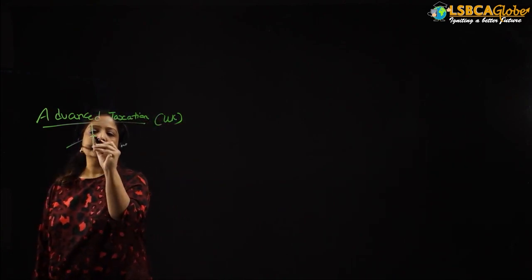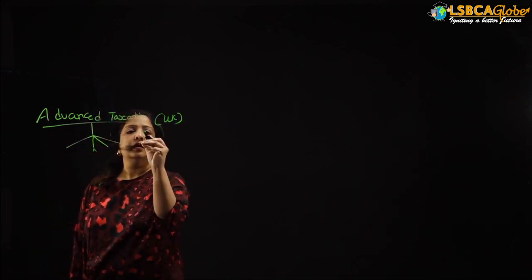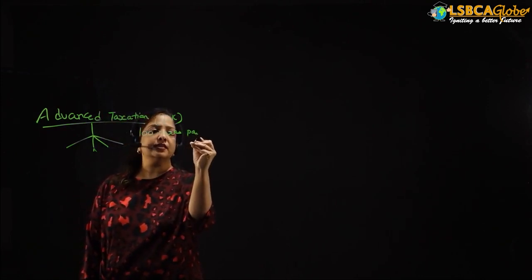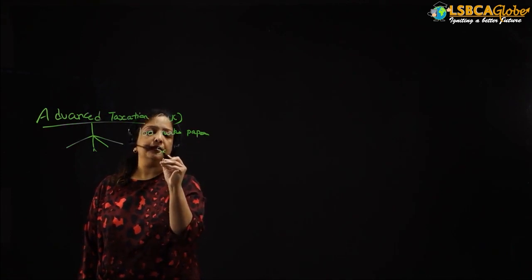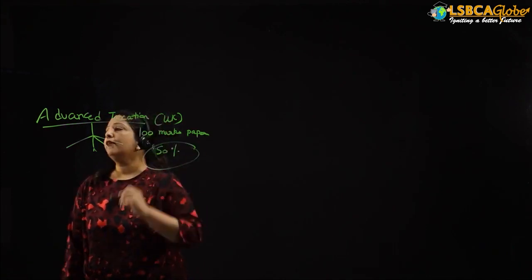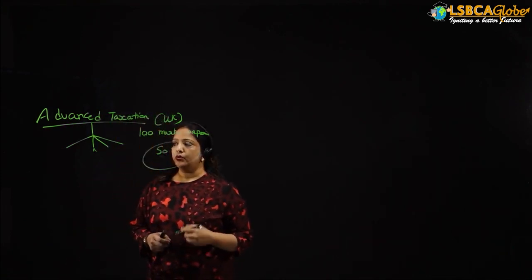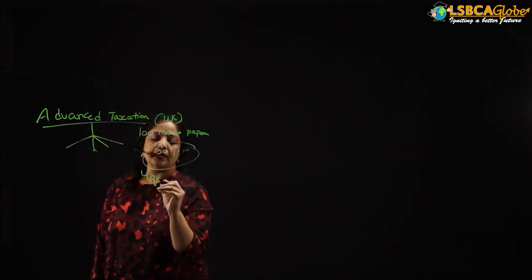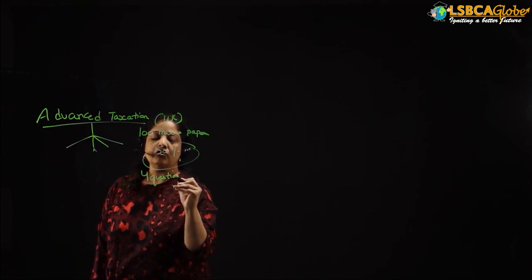Just look here, class. In total, it is going to be a 100 marks paper. Pass percentage is 50%. You have to obtain 50% marks in order to pass, right? 4 questions are going to come in your paper without any choice.